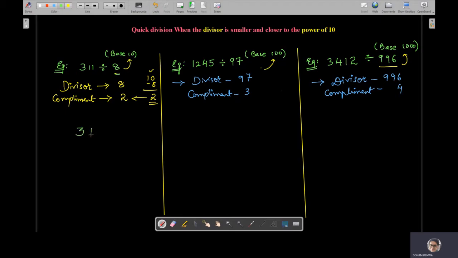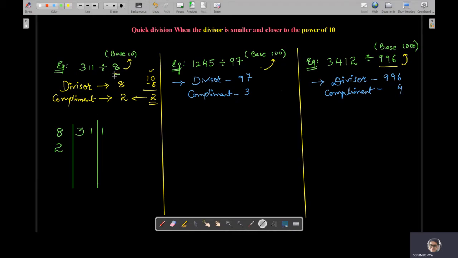I write 311, and I have to divide this number by 8. Let me first make the partition. This is my first partition, wherein I'll be writing 8 over here and the complement of 8, which is nothing but 2 over here. We have only 1 digit, so we divide the number 311 into a partition where the last 1 is separated.